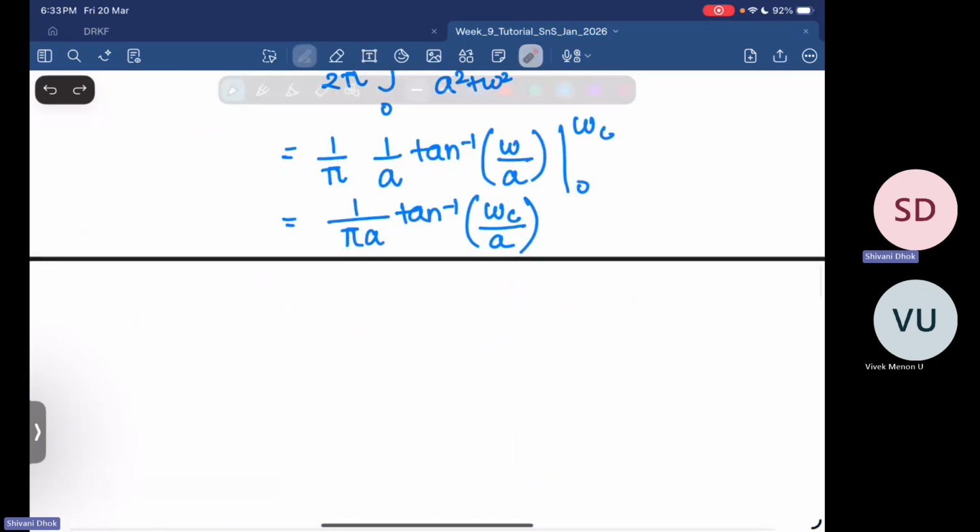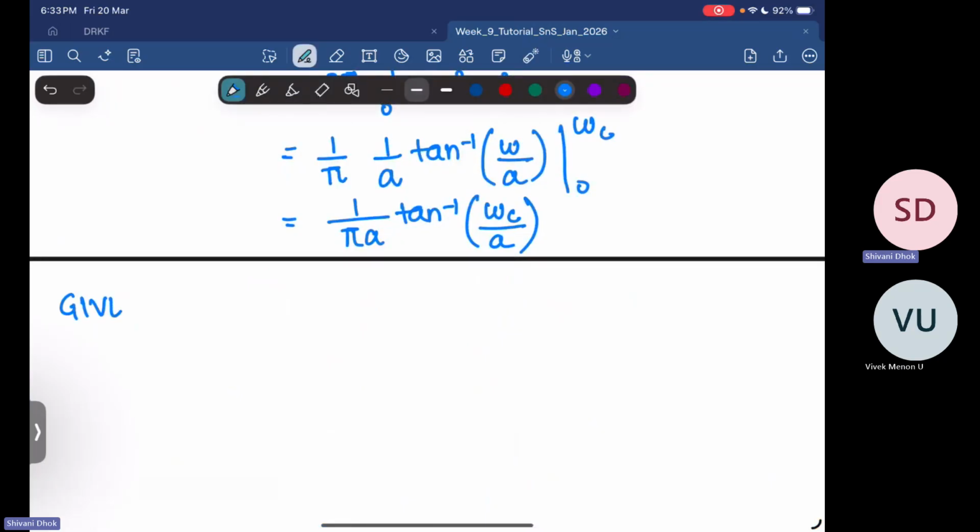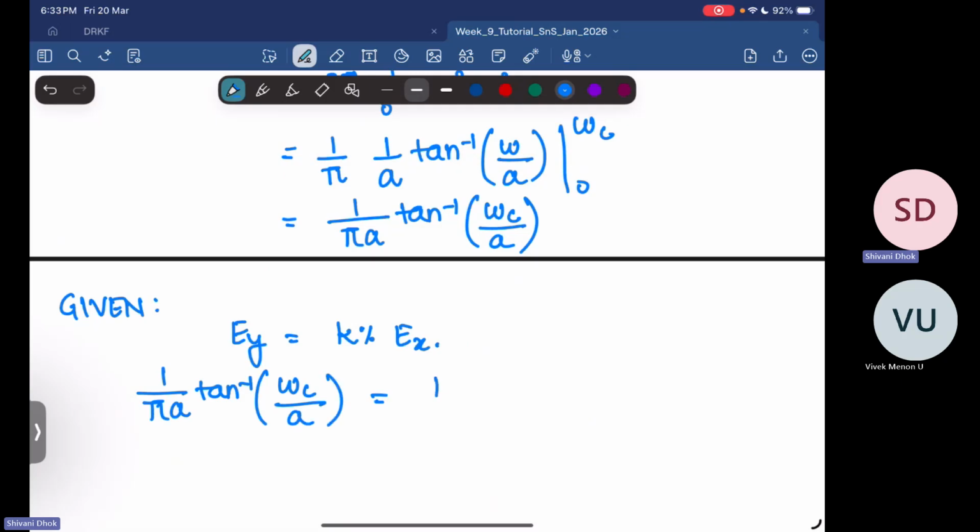So what is given to you is that E of Y should be k% of Ex. And what are we interested in finding? We are interested in finding omega c. So your E of Y is 1 over pi a tan inverse of omega c by a. This is equal to k%.